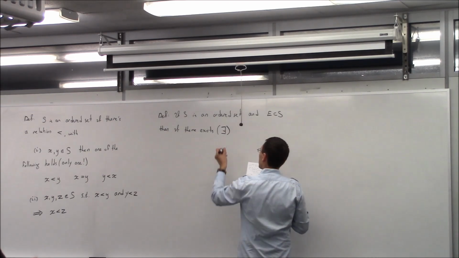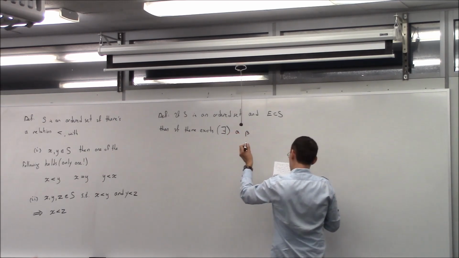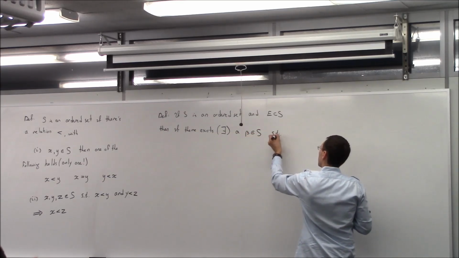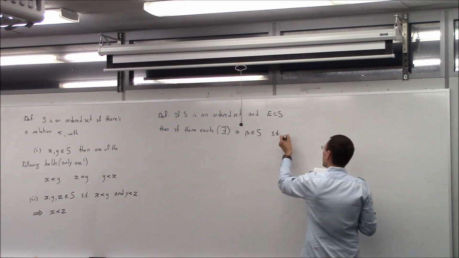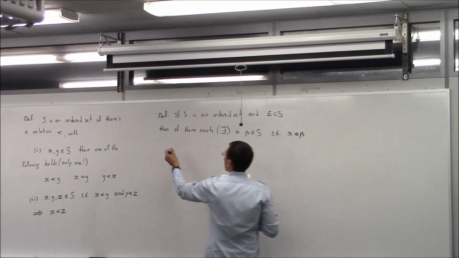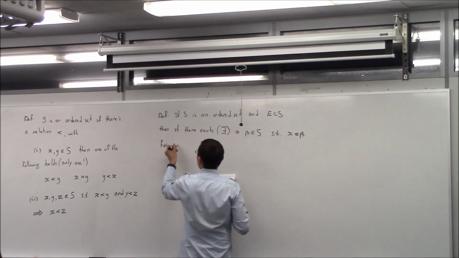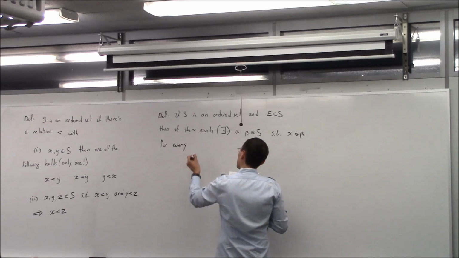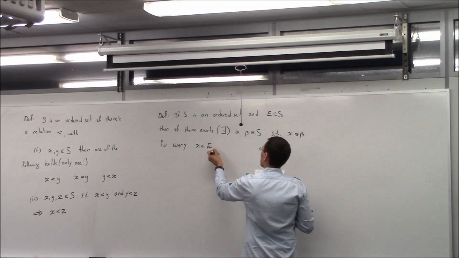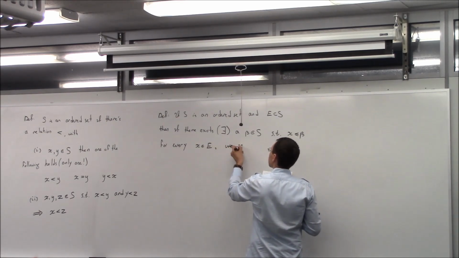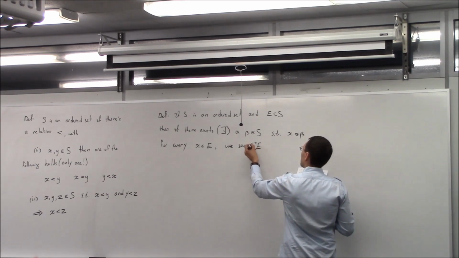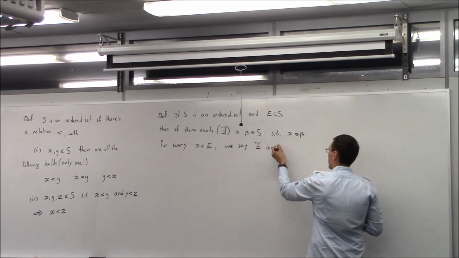If there exists beta belonging to S such that x is less than or equal to beta for every x belonging to E, we say E is bounded above.